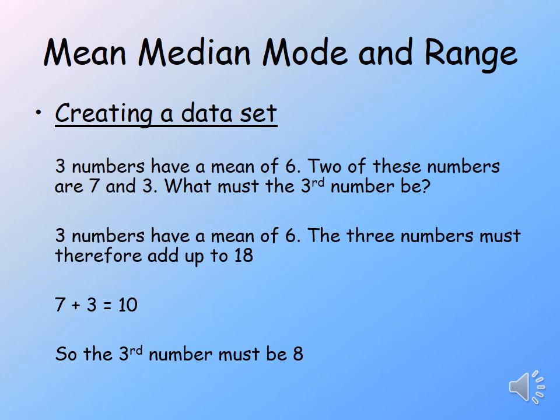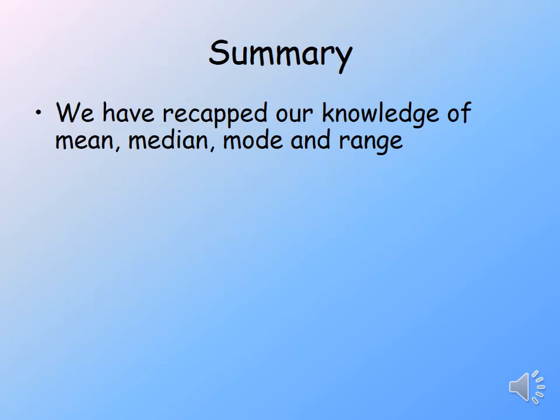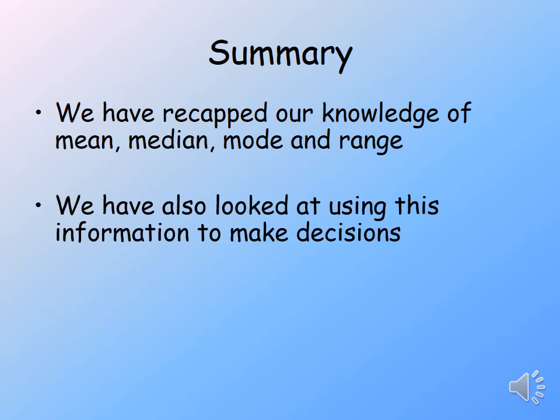Okay, so that is the end of today's session, viewers. By way of summary, we have recapped our knowledge of mean, median, mode and range. We've looked at using this information to make decisions, whether it's deciding on who is more consistent or looking at the life of batteries.